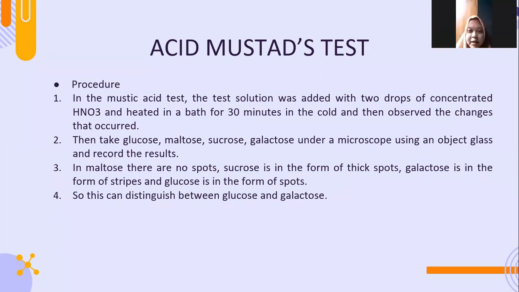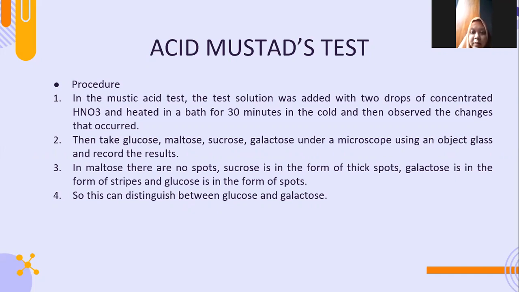And the mustard acid test procedure. In the mustard acid test, the test solution was added with 2 drops of concentrated HNO3 and heated in a water bath for 30 minutes, then cooled, and the change that occurred was observed. Then take glucose, maltose, sucrose, galactose under a microscope using an object glass and record the result.